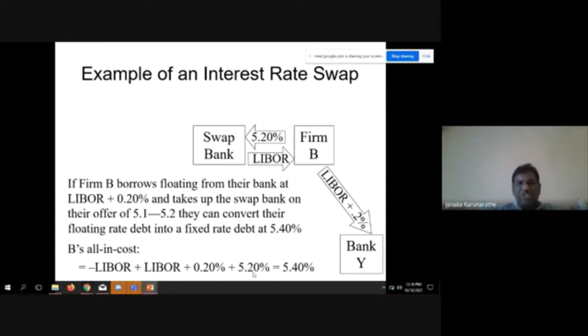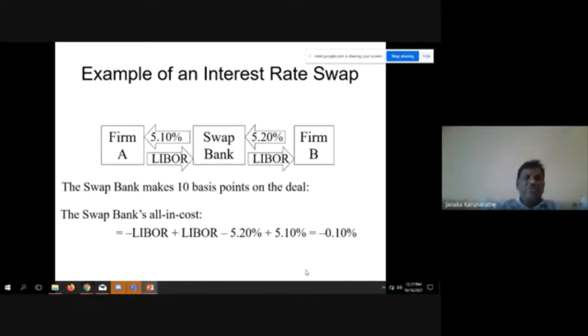So my final cost would be 5.4%. Okay. So the final cost is LIBOR plus 0.2% plus 5.2% minus LIBOR, that is 5.4%. Now what did you see?